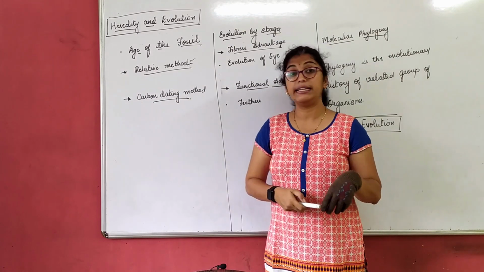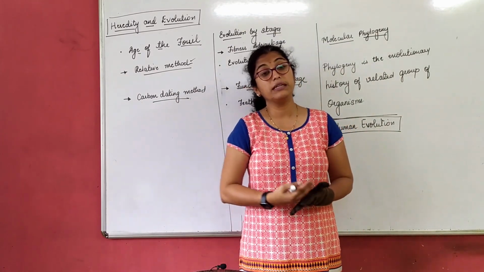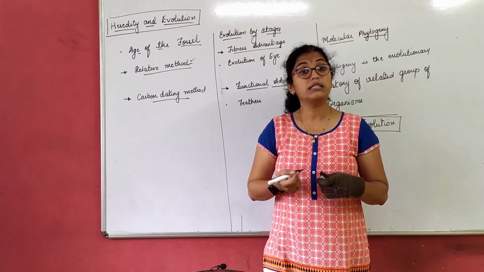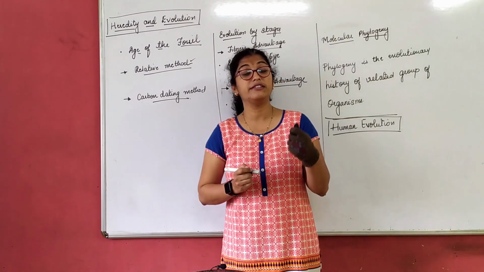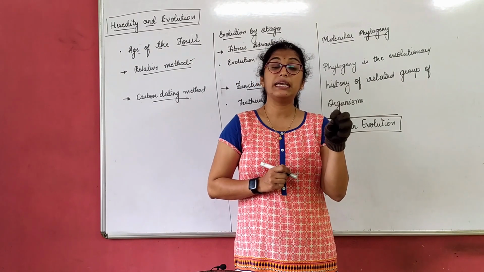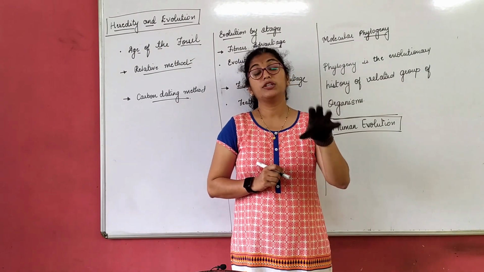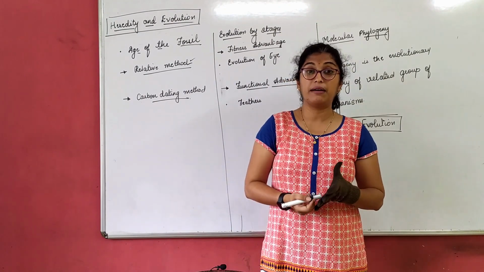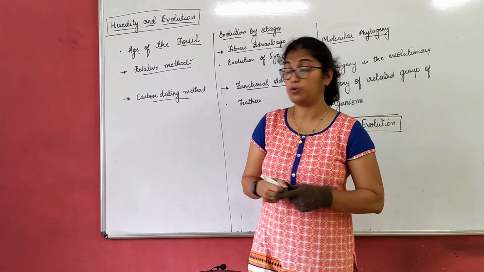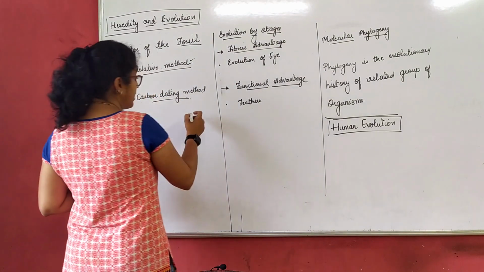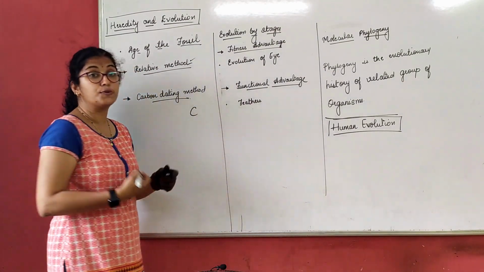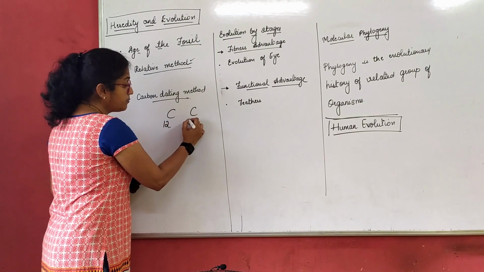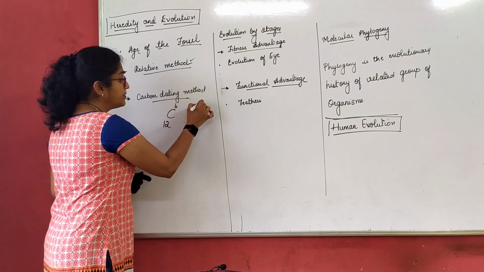Next is the carbon dating method. In the carbon dating method, we use a carbon isotope. Now what is an isotope? Atoms having the same mass number but different atomic number are called isotopes. So we've studied about isotopes of carbon, isotopes of hydrogen, etc. Right? So we have carbon 12, carbon 14, right?